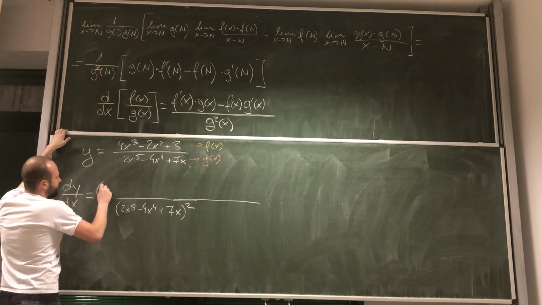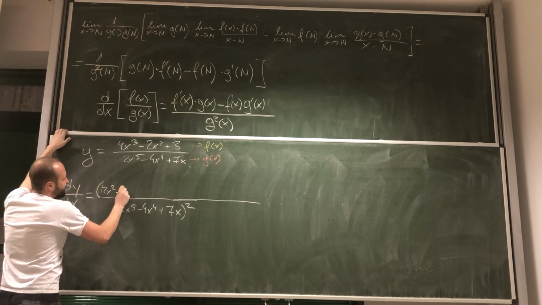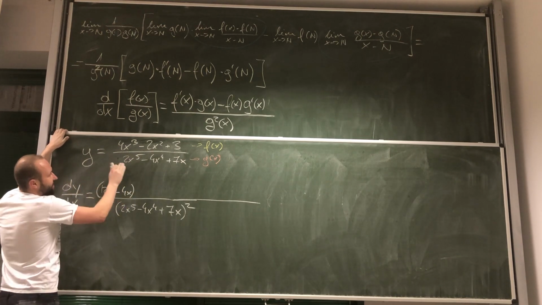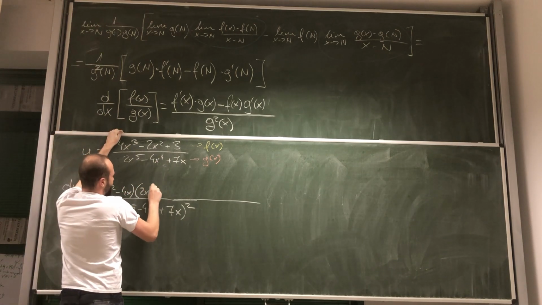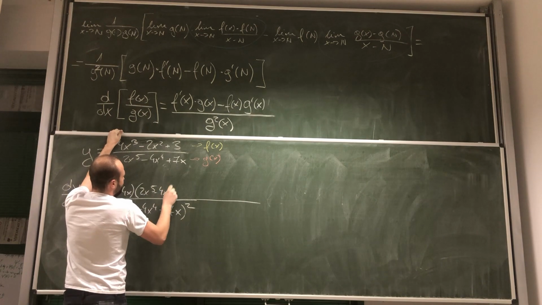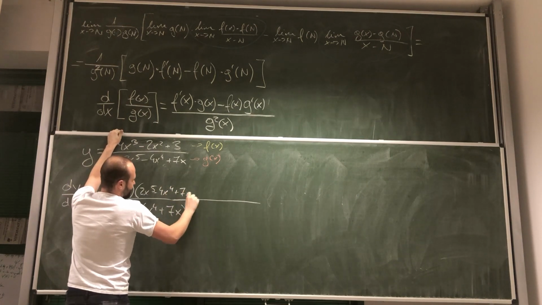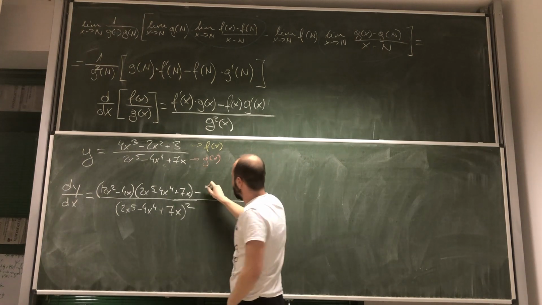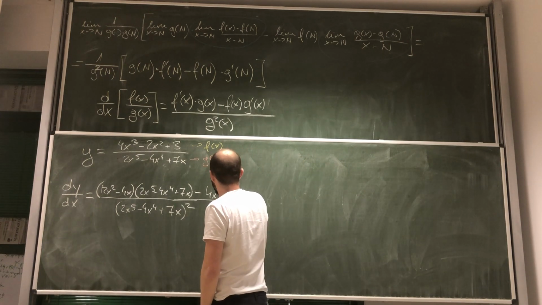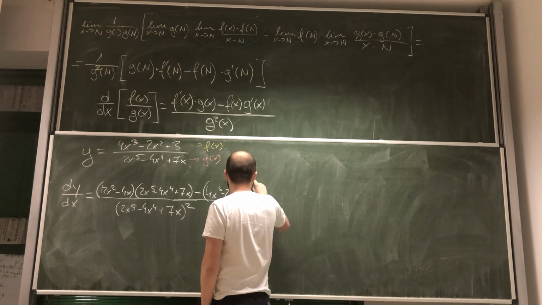So I get 12x squared minus 4x, multiplied by the second function, 2x to the power of 5 minus 3x to the power of 4 plus 7x. Then minus, I rewrite the same function, 4x to the power of 3 minus 2x squared plus 3.